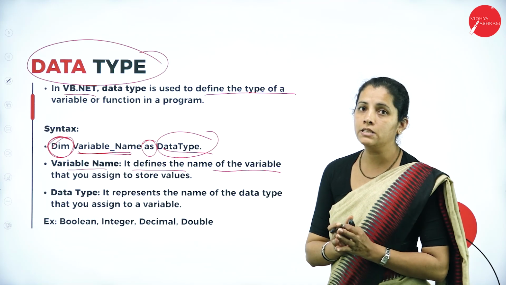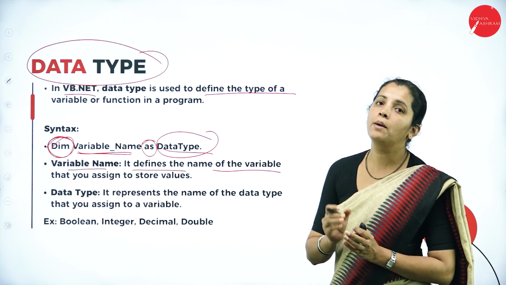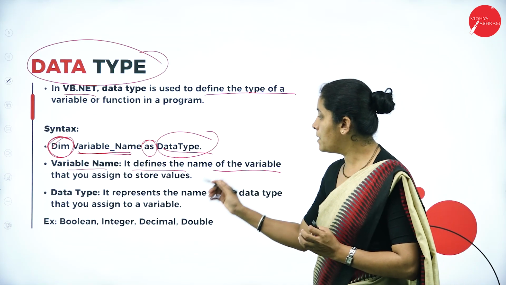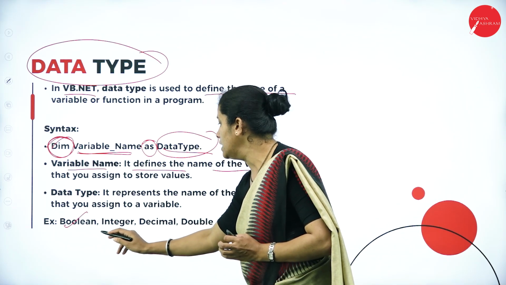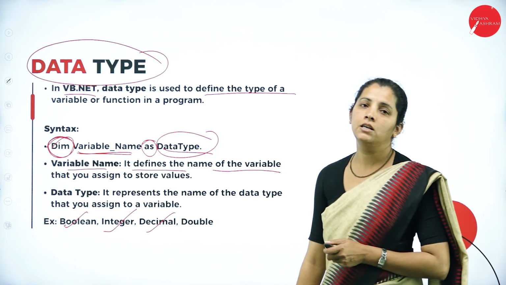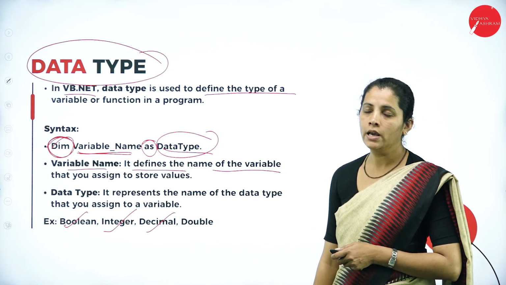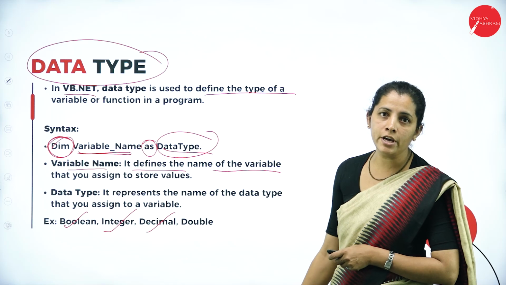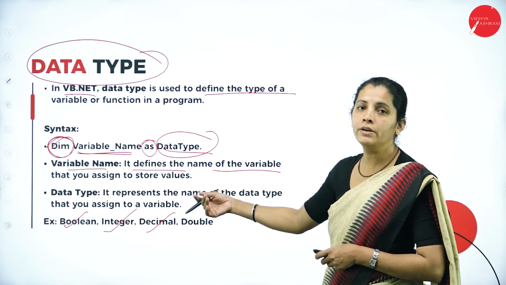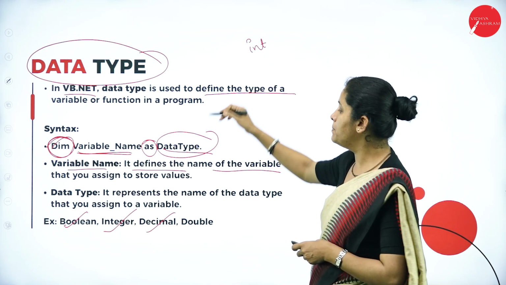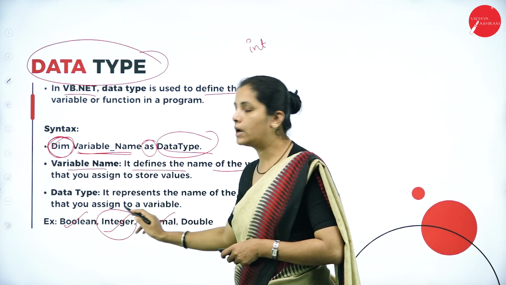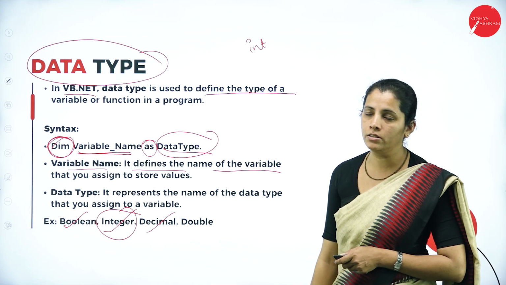The data type represents what kind of value I'm going to assign. Some of the data types are Boolean, Integer, Decimal, Double, and so on. In other programming languages, to define an integer, I use int. But in VB, I want to write the complete word Integer.